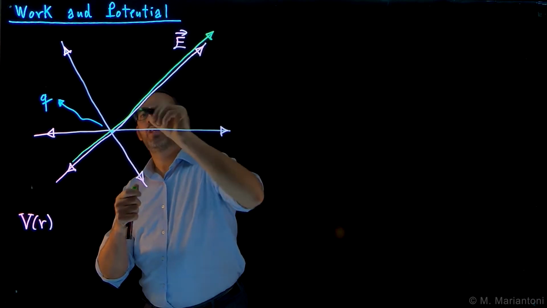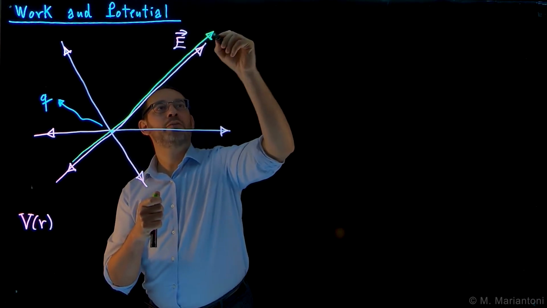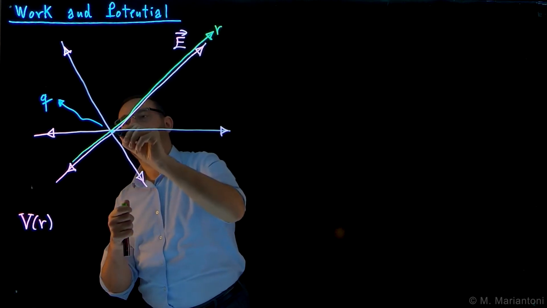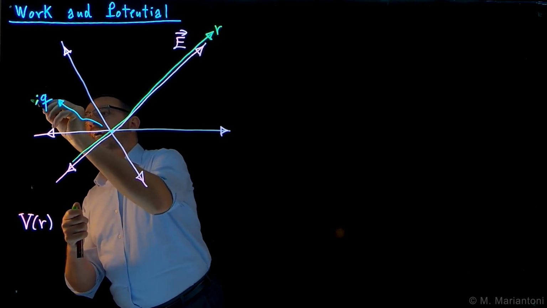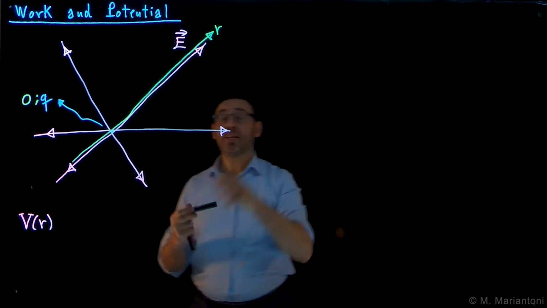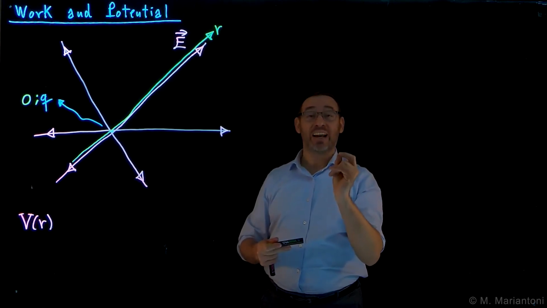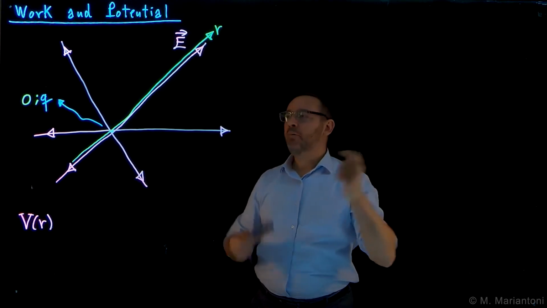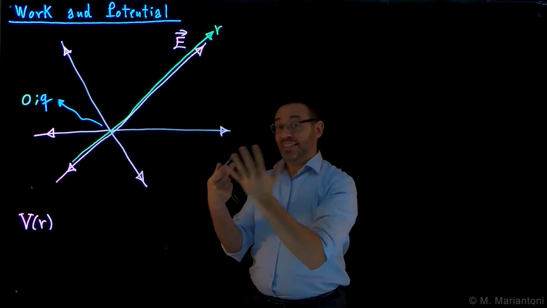I sketched it a little bit off to distinguish it from the field line, but effectively the same. This point coincides with the origin of such a spherical coordinate system where I only show R, I do not show theta and phi. But again, you need to think about it in 3 dimensions.